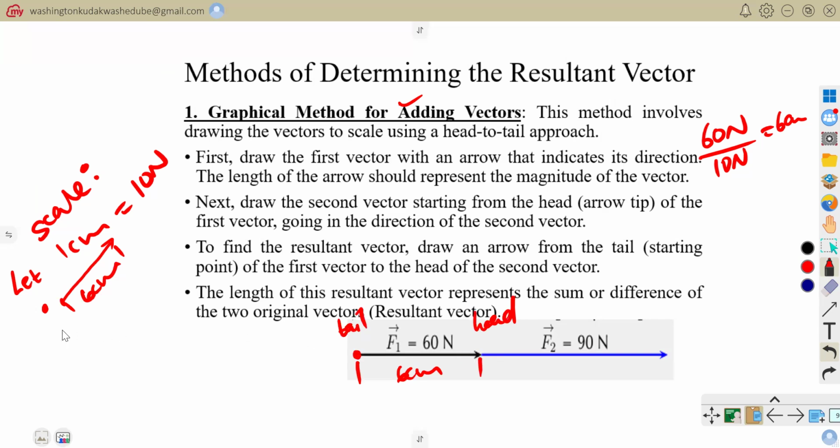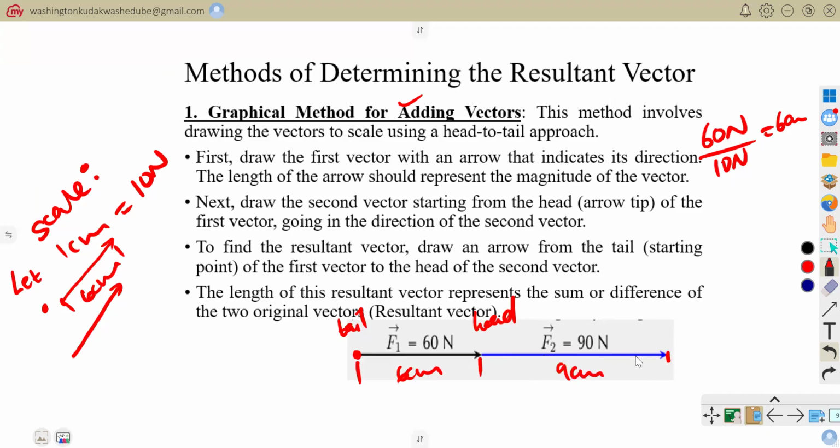Since a vector going towards the east is drawn going this side, and a vector towards the west is drawn going that side, if 90 Newton is towards the east, you start drawing it from this arrowhead and draw 9 centimeters towards the east.